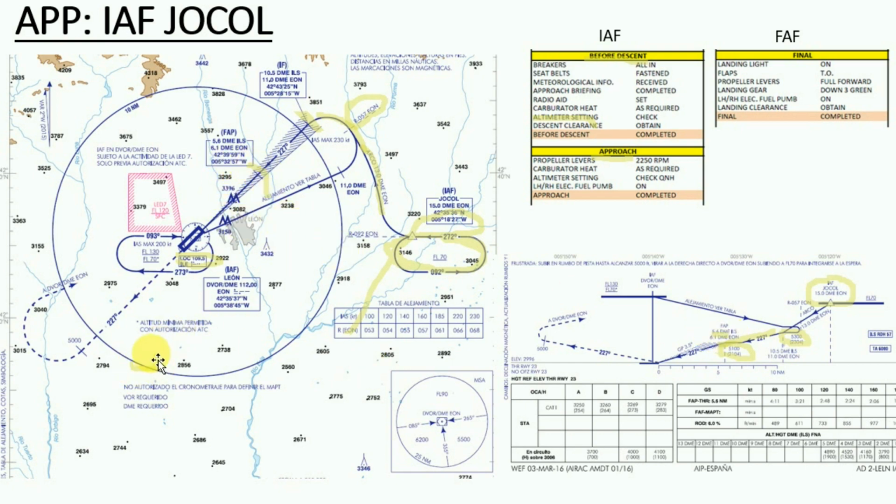Remember that when we have one dot of glide slope, we will put flap 1 on our plane, and when we have a dot and a half, we will put landing gear and landing lights on as well. And we will read the final checklist before reaching DME 5.6, which is the final approach fix.